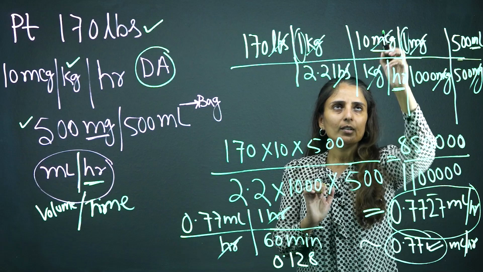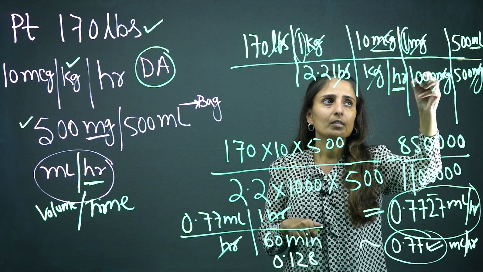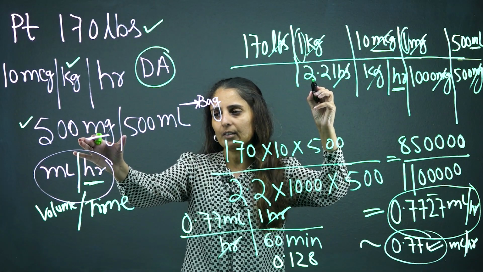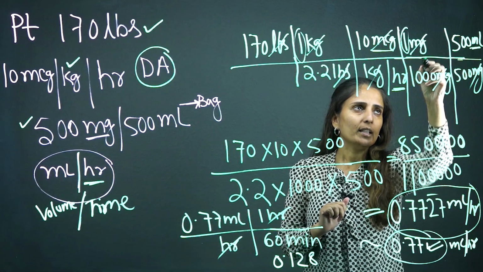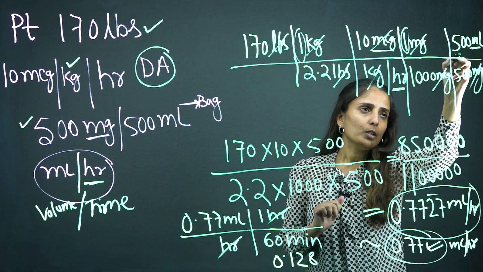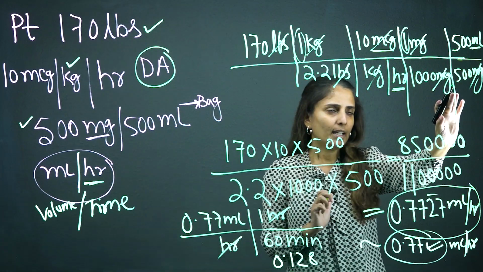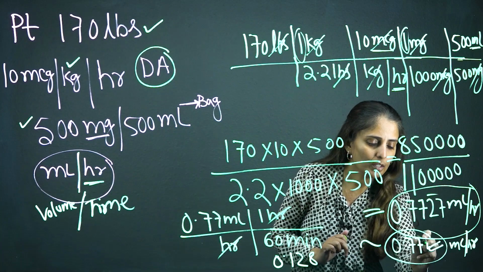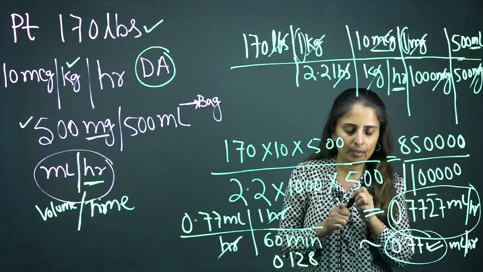Here, there is an additional step that you did not see previously. You had to convert the micrograms to milligrams, because the bag is available in 500 milligrams per 500 ml. So once you convert the micrograms to milligrams, you can put what's available to you, and then again multiply the numerator, multiply everything in the denominator, and then divide, and you should get 0.77 mLs per hour as your final answer.